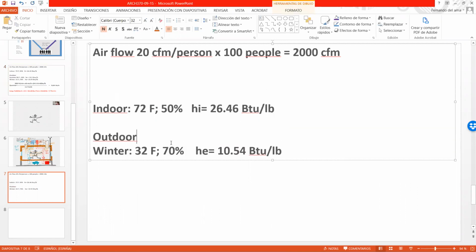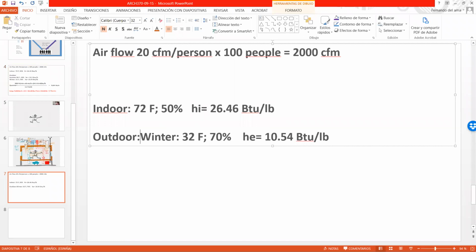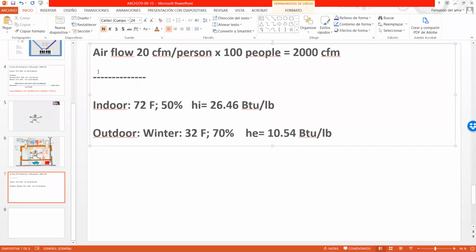So we have CFM, which is 2,000 cubic feet per minute. We had to multiply this times 60 minutes per hour.